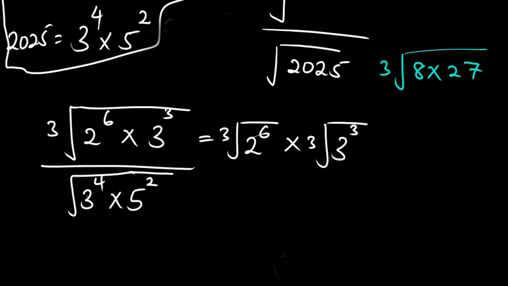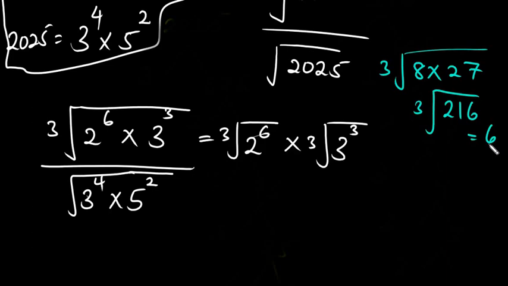Now we can decide to multiply 8 by 27 and then find the cube root. So it's going to be 8 times 27 is 216, and then the cube root of 216 is 6.